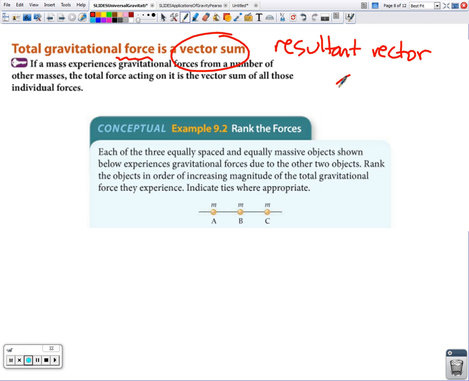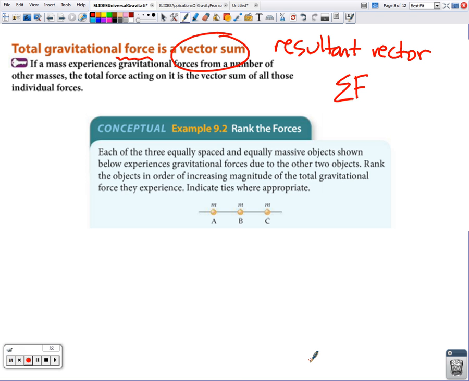When we're talking about the effect of gravity, we can add up the forces just like any other forces. Yes, they're gravitational forces. Usually we've only put one gravity force in a problem, but it still follows the same rules.